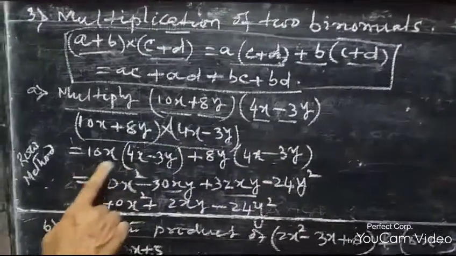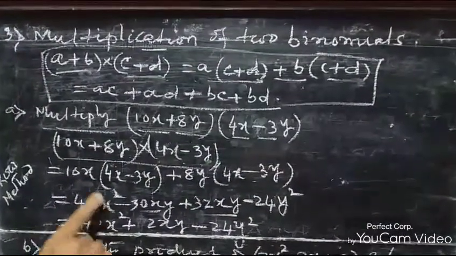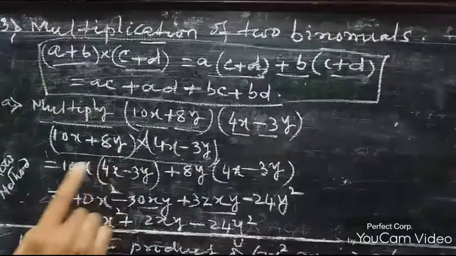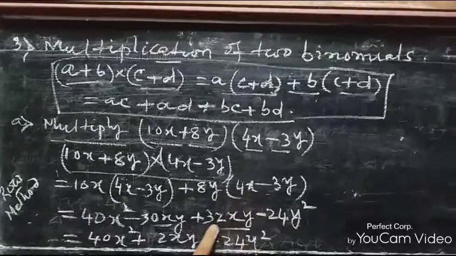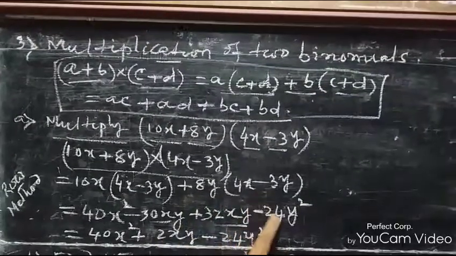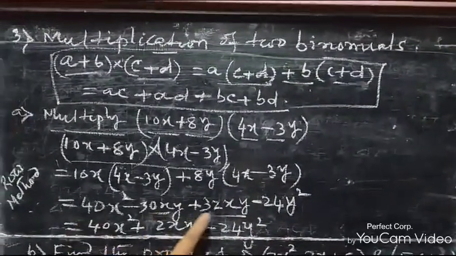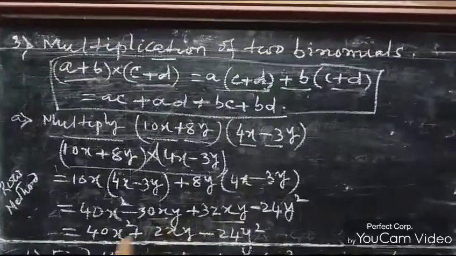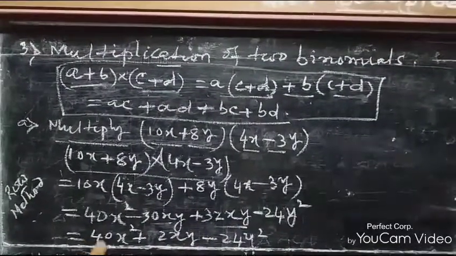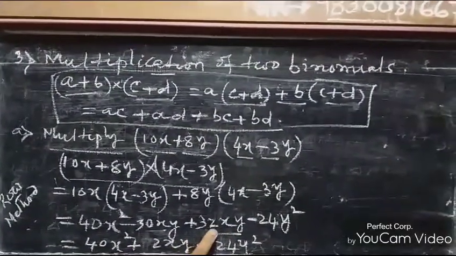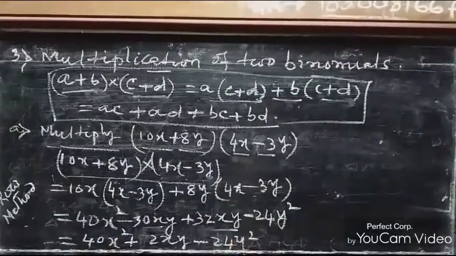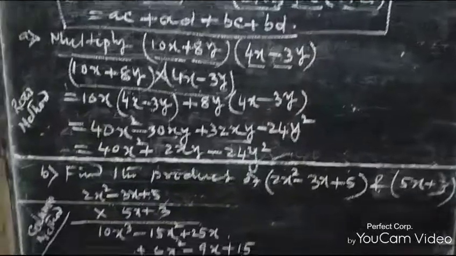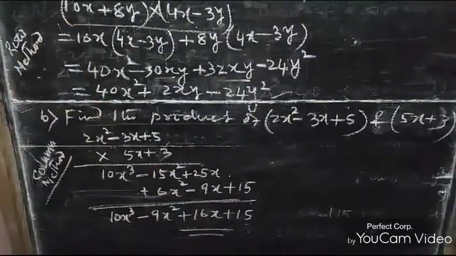Multiplying, this will be 40x square minus 30xy plus 32xy minus 24y square. There are two like terms, so we need to simplify: 32 minus 30 is 2xy. So it is 40x square plus 2xy minus 24y square. This is the product of these two binomials.